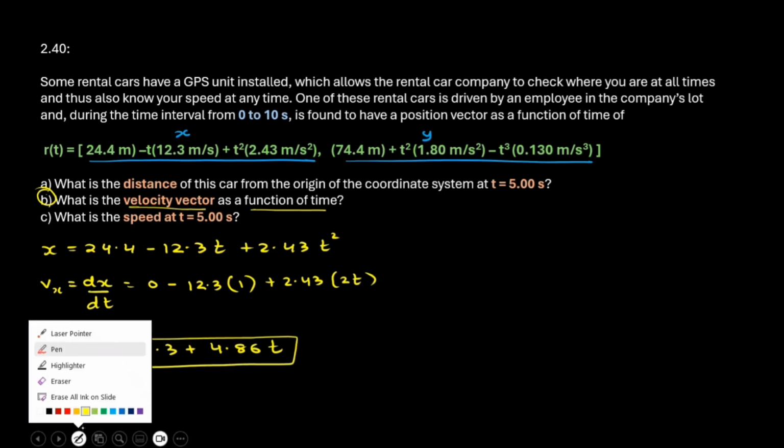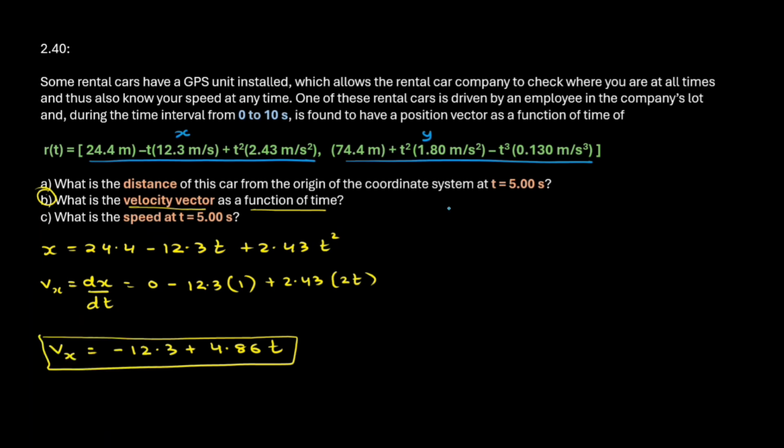We do the same thing to find the y component. To find the y component, we will first write down what is y component of position. It is 74.4 plus 1.80 t squared minus 0.130 t cube. Now we take derivative of y to find y component of velocity. So dy by dt. 74.4 is a constant which is not multiplied with time.